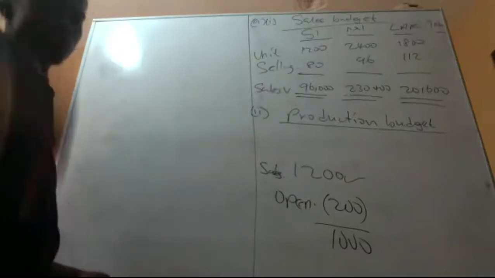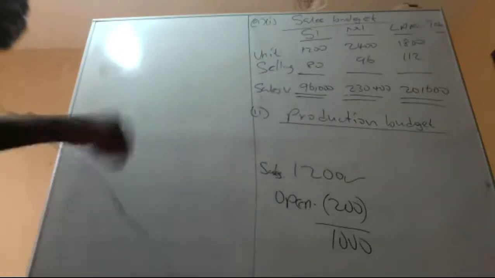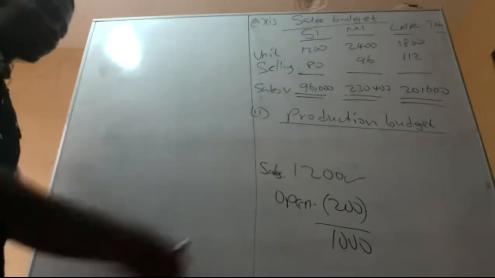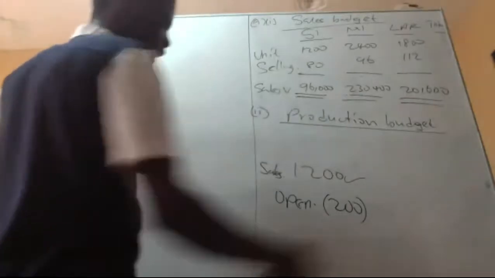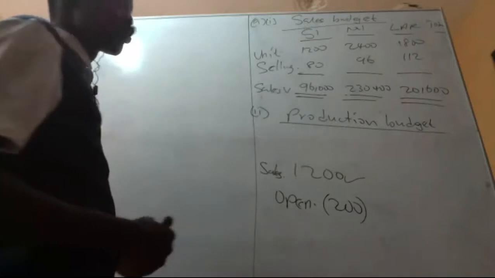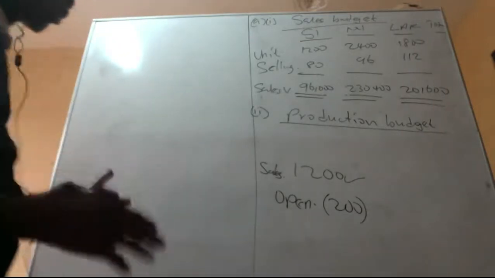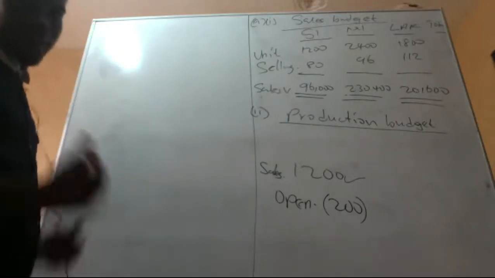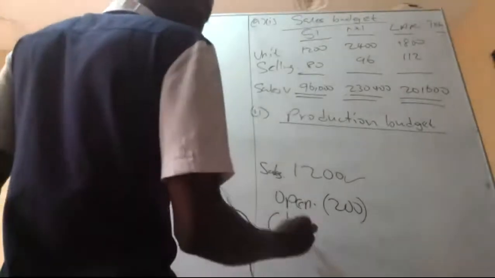What if after production we have to leave a closing inventory of, let's say, 300? How many units should we produce? Now I've added a closing inventory. It means that we have to produce more than necessary so that after our sales there will be a remainder of 300.